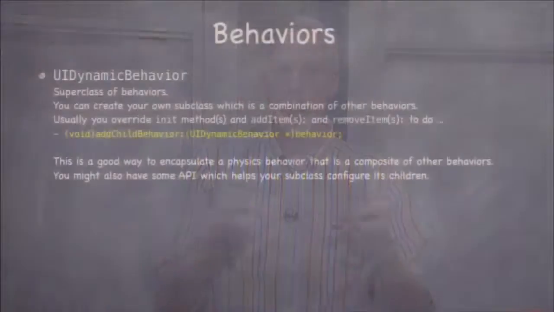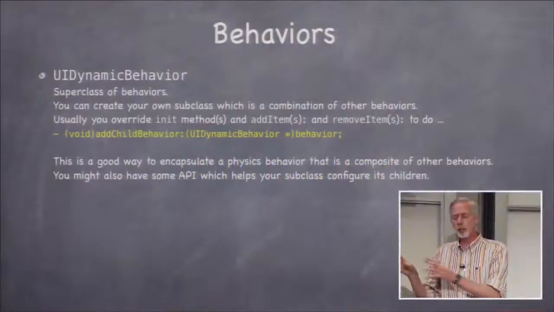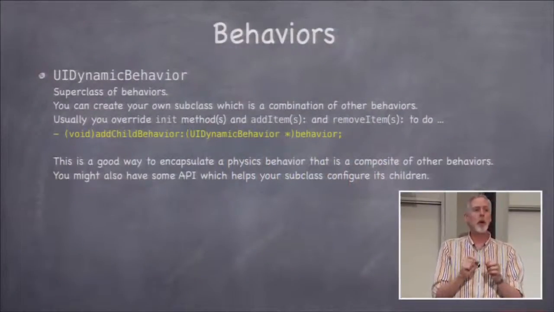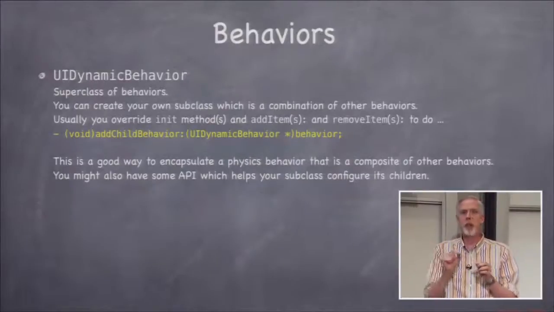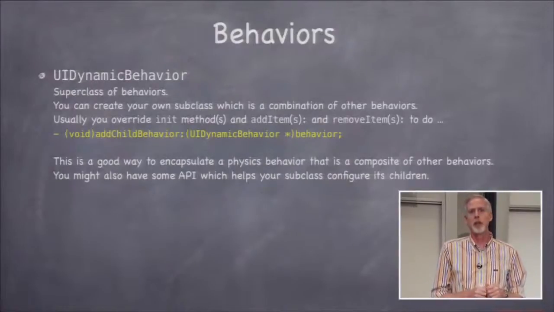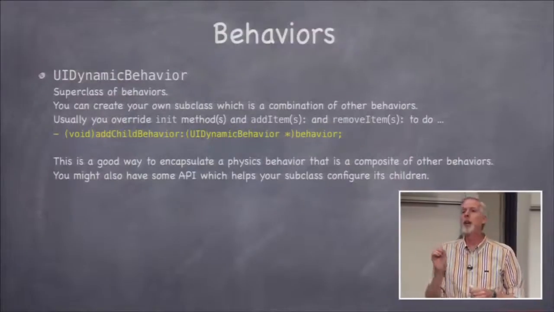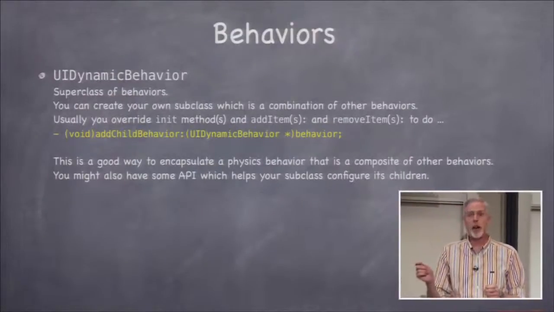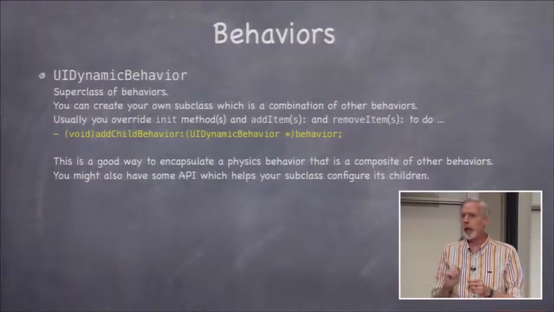Okay? Dynamic behaviors also. UIDynamicBehavior is the base class for gravity behavior, collision behavior, all these. You can also create your own subclass, and usually when you do, your implementation just adds other behaviors as child behaviors. There's a method in UIDynamicBehavior called addChildBehavior, and you can add a gravity, collision, UIDynamicItemBehavior as sub-behaviors.